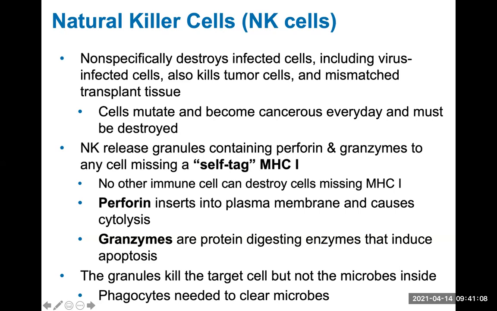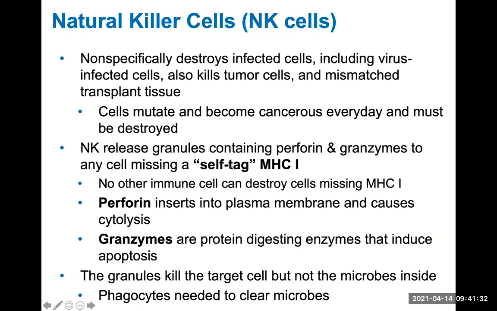So a mismatched transplant would cause a huge reaction. Cells mutate all the time, right? And so when you hear things like killing tumor cells, it's maybe not as scary or as impressive as it might sound, because this is happening every single day, right?